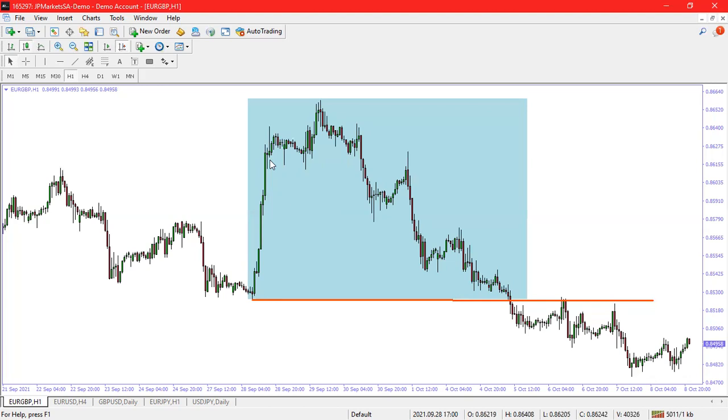So fine, if you can check, starting from this zone, somewhere here, the market is now starting to lower. Let me zoom in a bit.